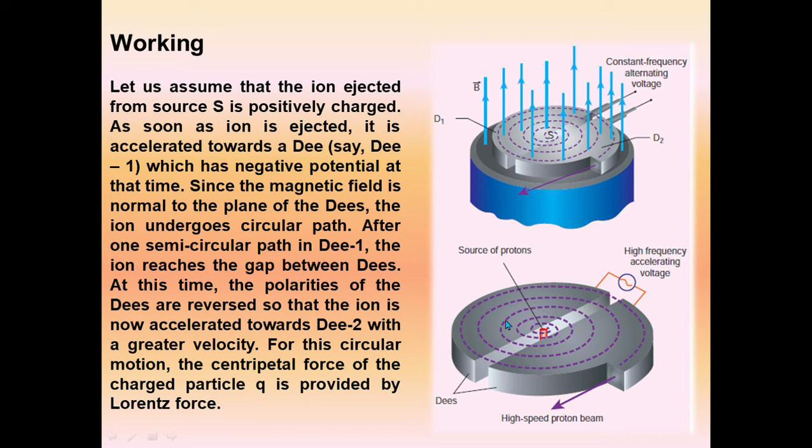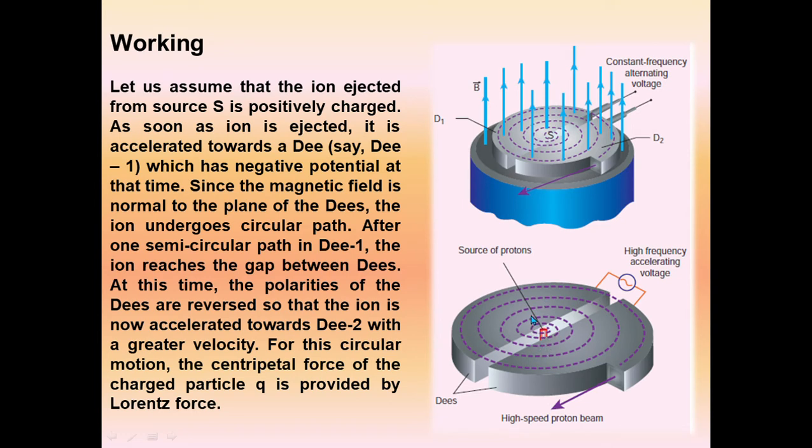Since the magnetic field is normal to the plane of the Ds, the ion undergoes a circular path, because opposite charges are attracted.